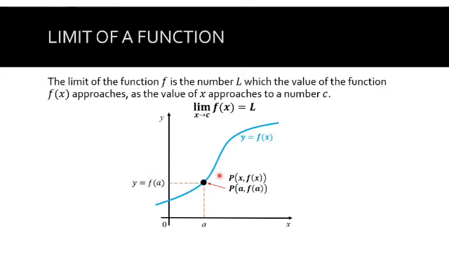And if that point approaches another point, so the value of the input also approaches a certain value, for example c, the new coordinate of that point would be c, f of c. And the y coordinate is f of c, which is the value L that we are going to approach as x approaches c.